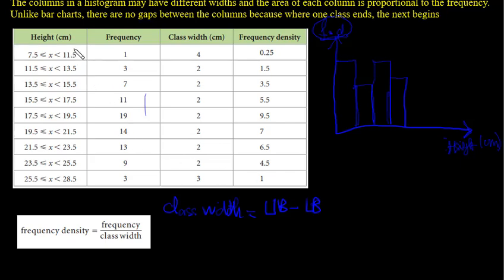Here the upper boundary is 11.5 and the lower boundary is 7.5, so the class width is 4. 15.5 minus 13.5 is 2, and 28.5 minus 25.5 is 3. Then we take our frequency divided by this. So 1 divided by 4 is 0.25, and 19 divided by 2 is 9.5.